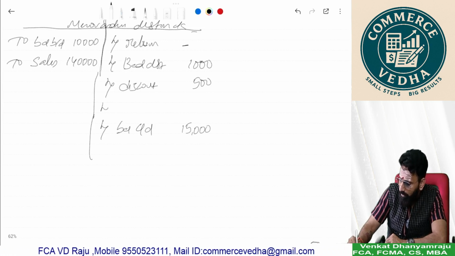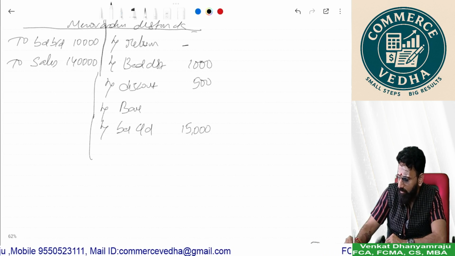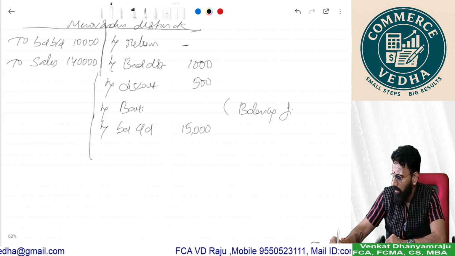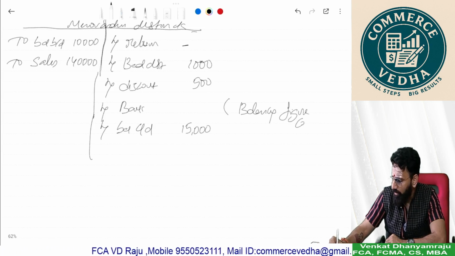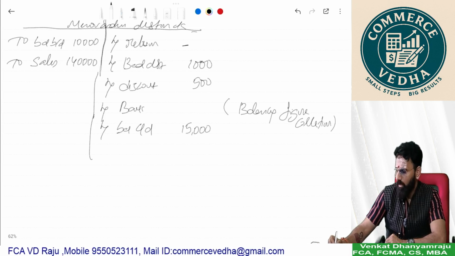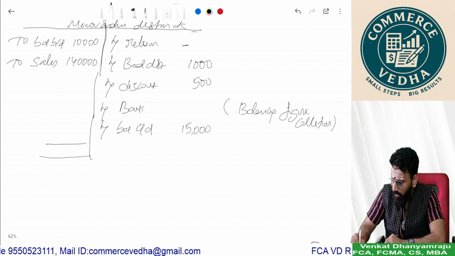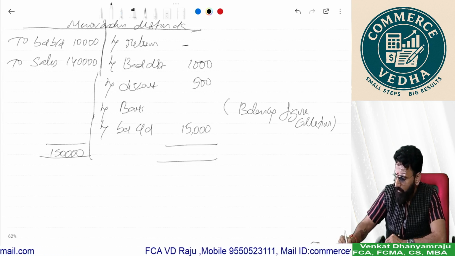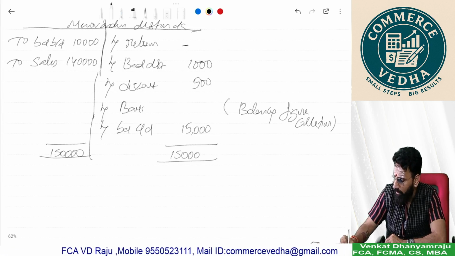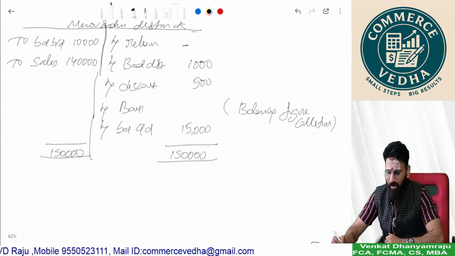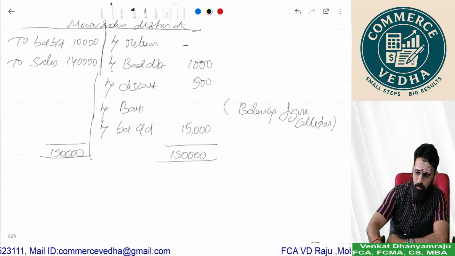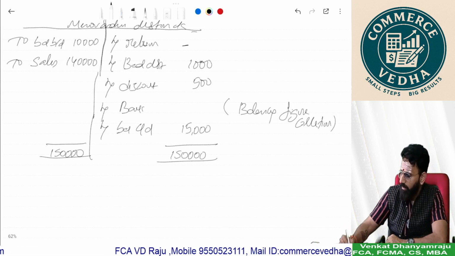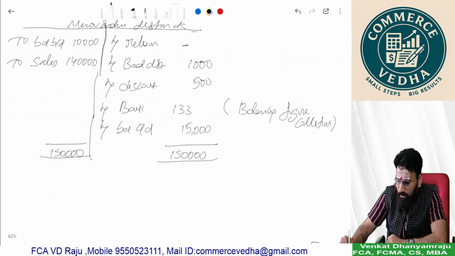So the balancing figure is collection. The total here is 1,50,000. So 1,50,000 minus 15,000 minus 1,500, the collection is 1,33,500.